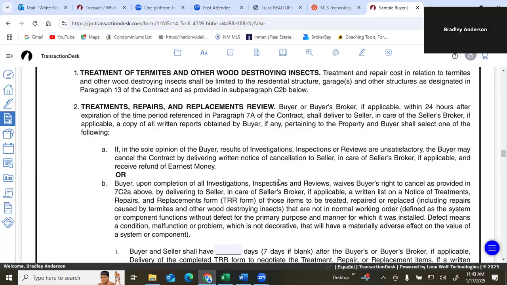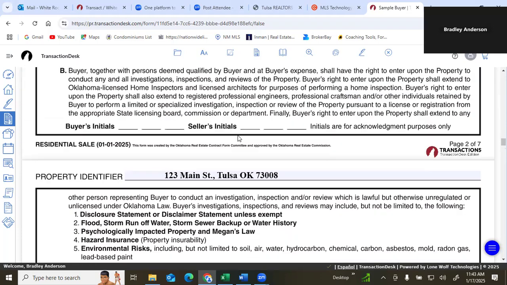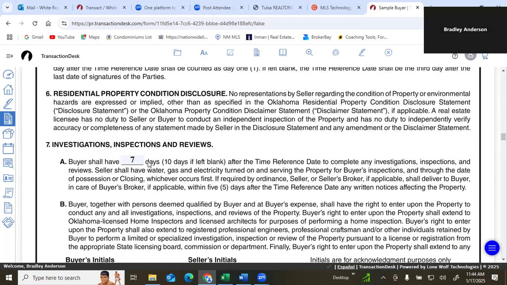And then it goes on to say, things that are wrong. So paragraph 2, buyer or buyer's broker within 24 hours after the expiration of the time period referenced in paragraph 7A of the contract. That's here. So within 24 hours after that expires, if you want my opinion, you don't want to wait. You want to respect the seller.